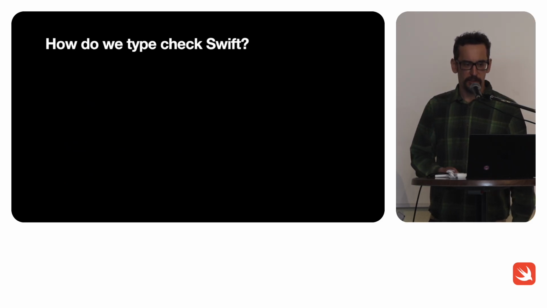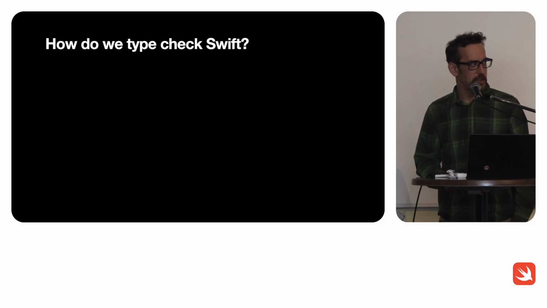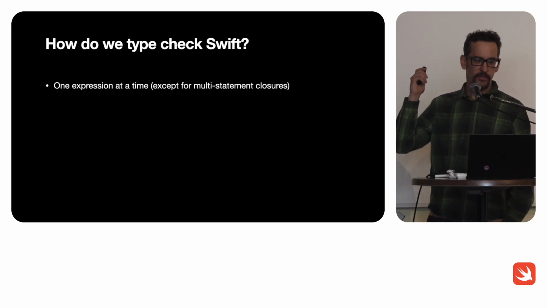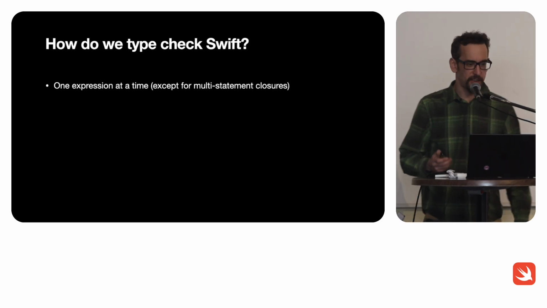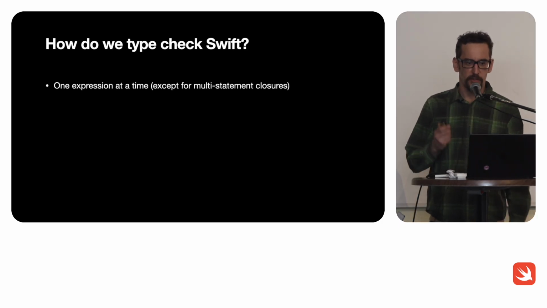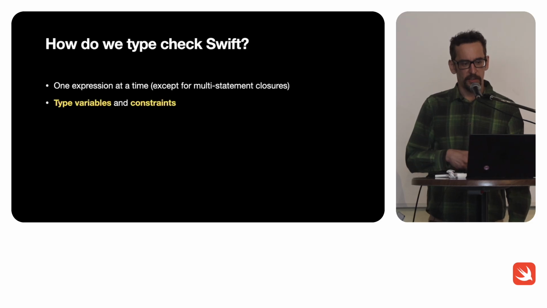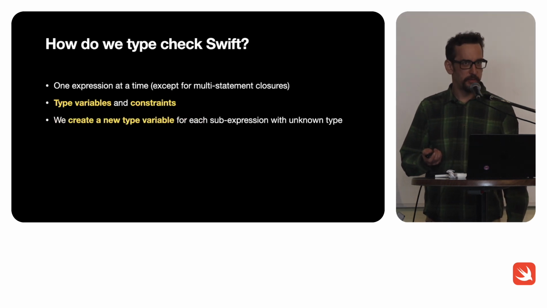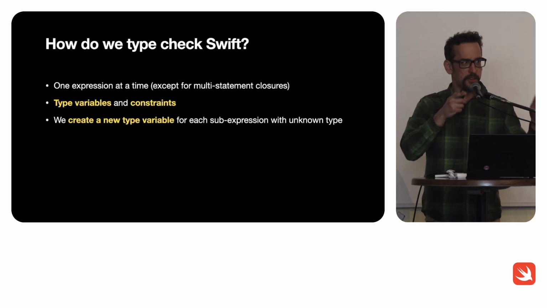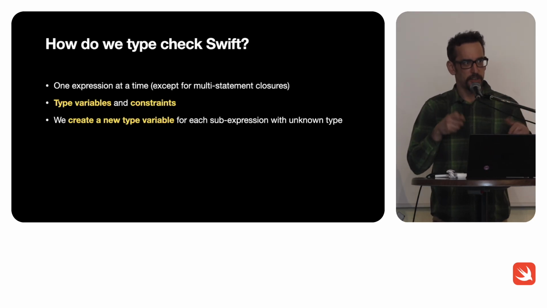And so how does the compiler deal with all of this stuff that you can do? Well, we type check one expression at a time generally, except for multi-statement closures, but we're not going to worry about that. There are two key concepts that are important in the implementation: type variables and constraints. We basically create a new type variable for every part of the expression that has an unknown type that we need to figure out.